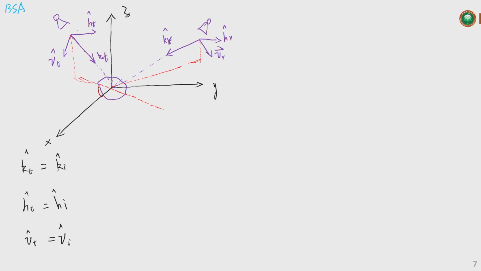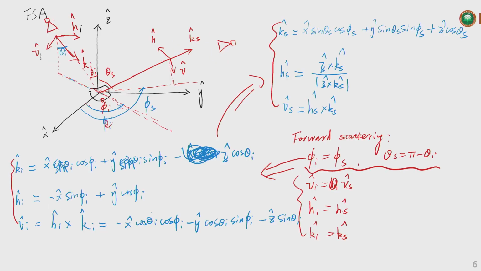And for the receiver side, we define KR, HR, and VR. When we compare that with this side, it means KR equals minus KS, right?